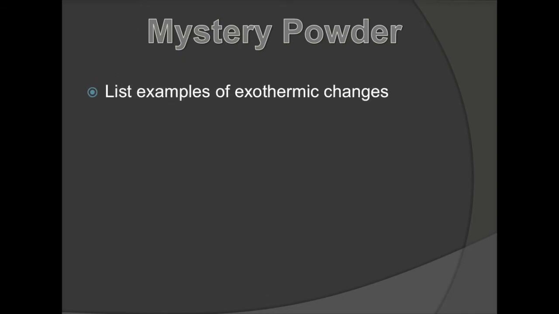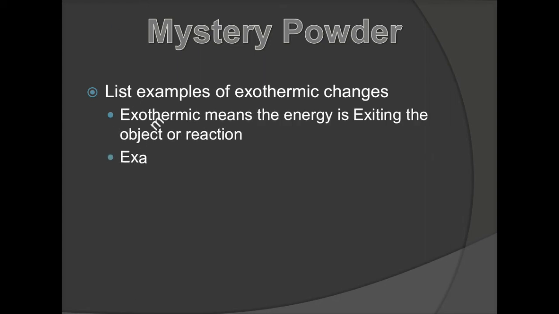All right, switching to mystery powder. And we're going to list examples of exothermic changes here. And exothermic means the energy is exiting, if you think of the EX for exothermic, and exit, remember those two go together.